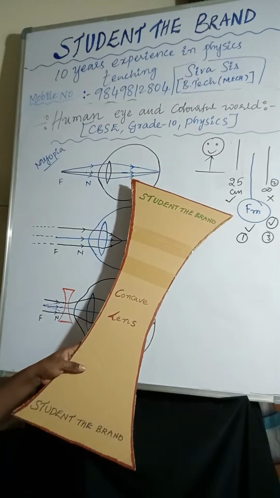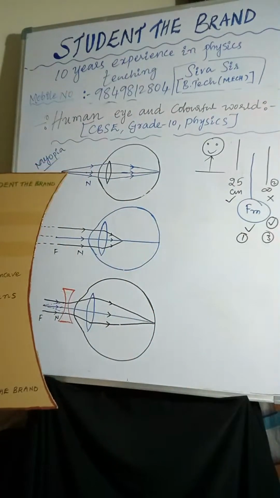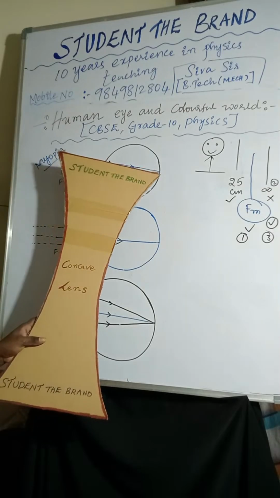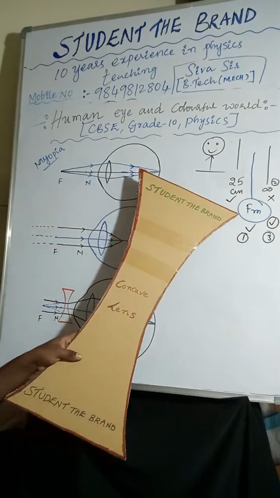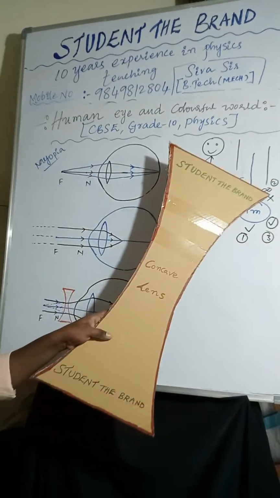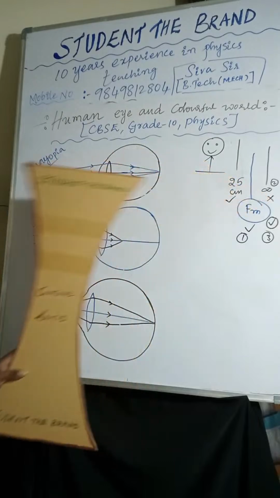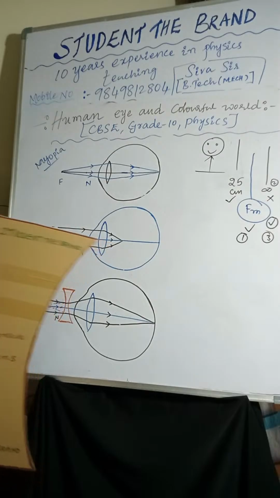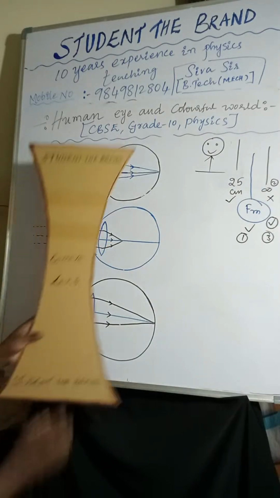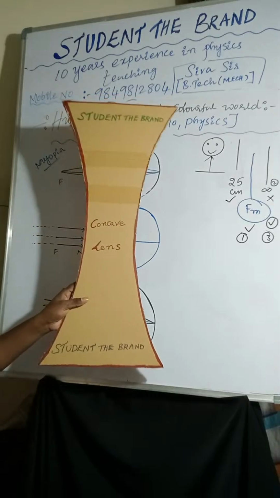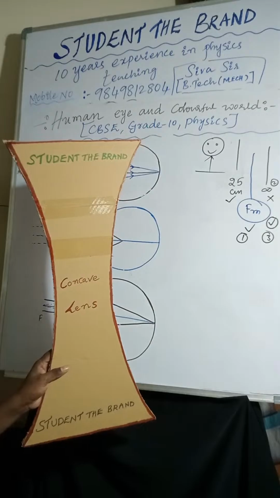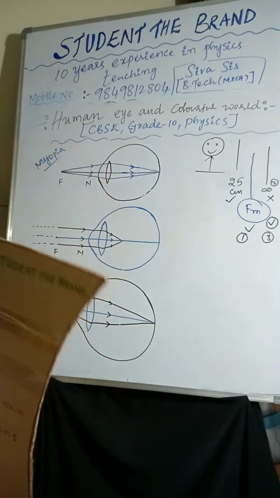Light rays coming from this point will meet at the retina, so we are able to see this point. Second, if the light rays are coming from infinity, we can't see; the light rays will meet in front of the retina. To correct the defect, we are using a concave lens. Yes or no? Yes.